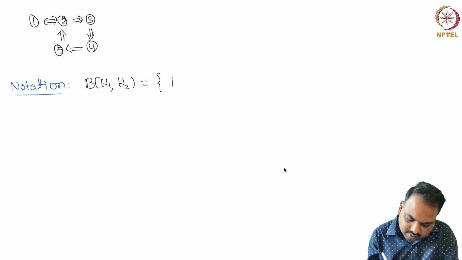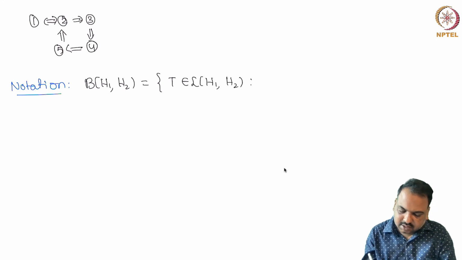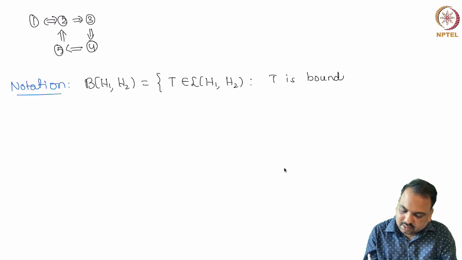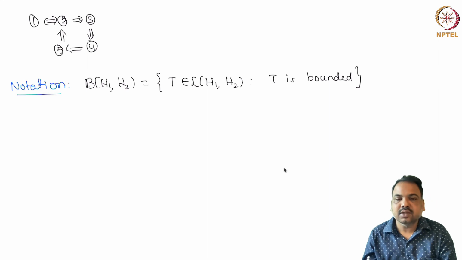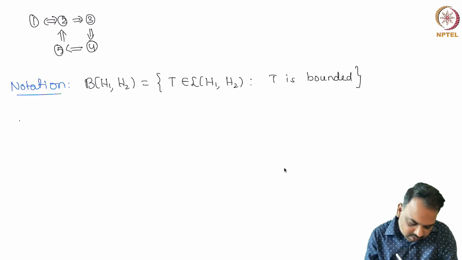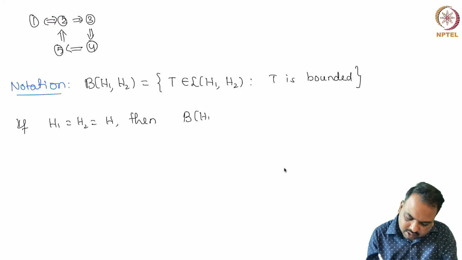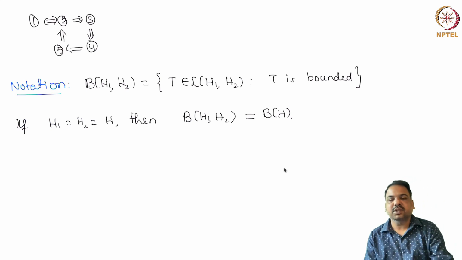This is nothing but the set of all linear maps T from H1 to H2 such that T is bounded, or we can say that T is also continuous. And if H1 equals H2 equals H, then we write B(H) for notational simplicity.